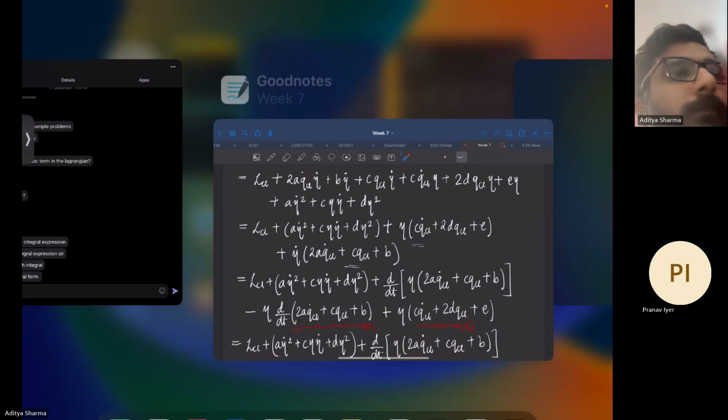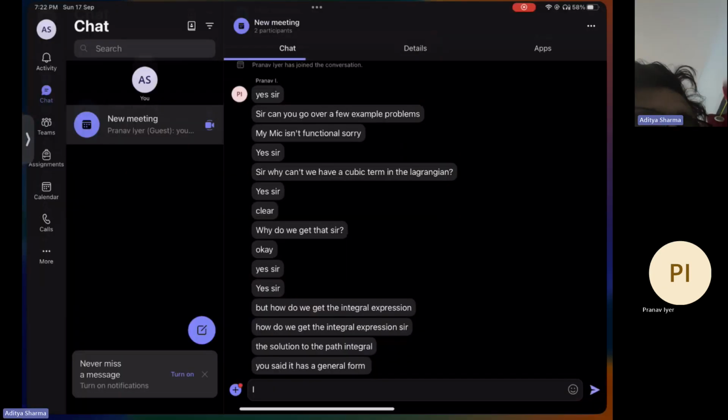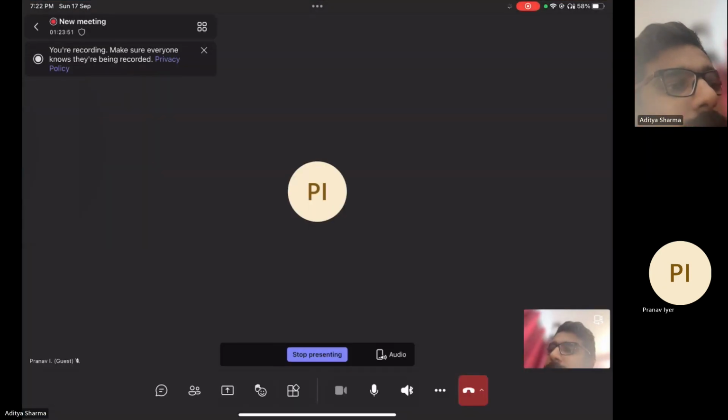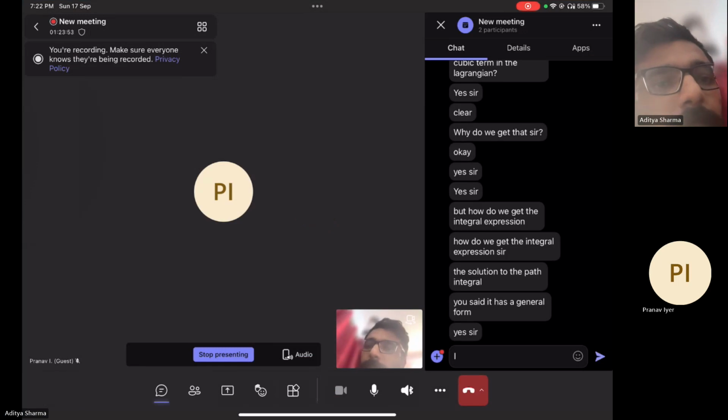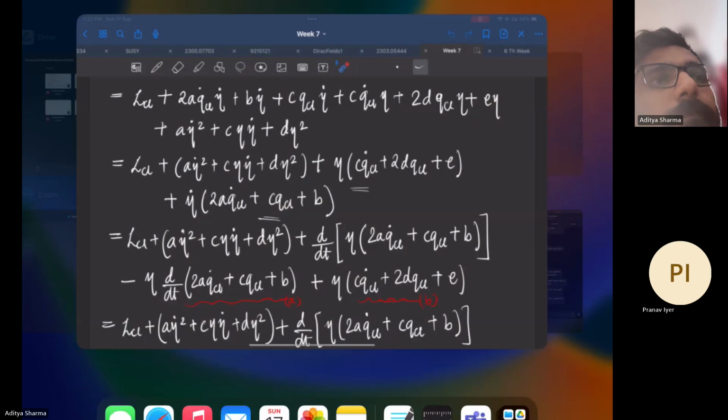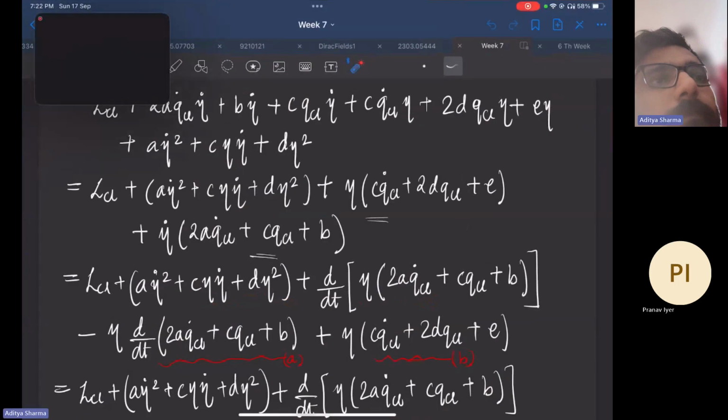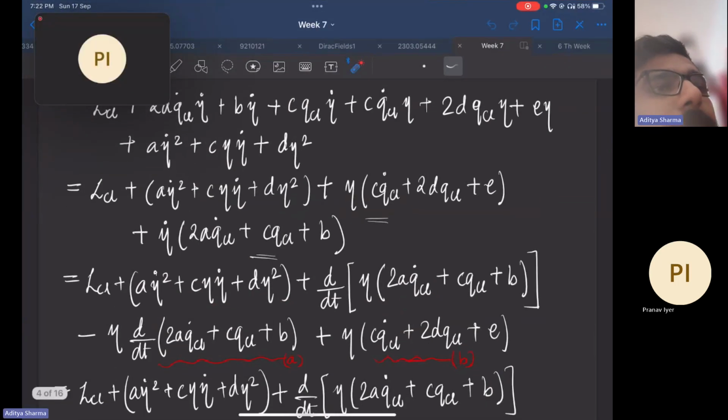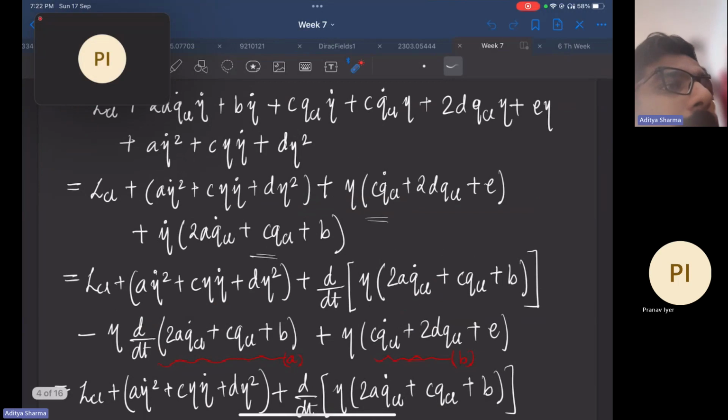Clear till here? Okay. Now, I'm putting this part here, and this part I've written here.